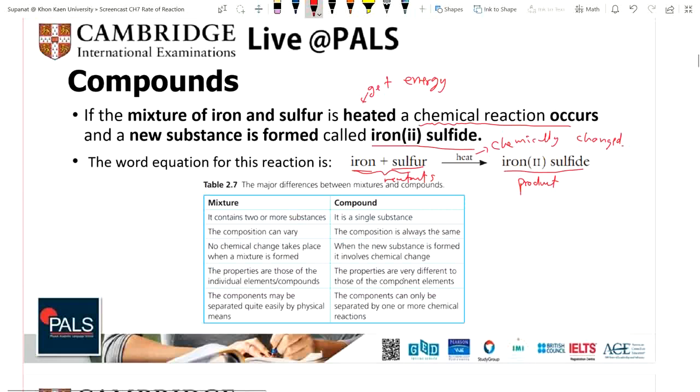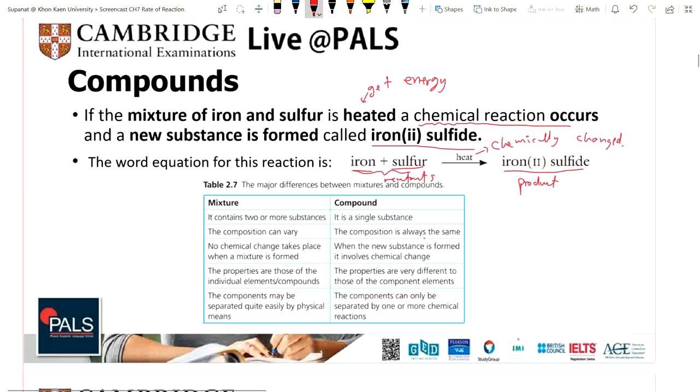So the table here provides the major differences between a mixture and a compound. Let's start with the mixture. The mixture contains two or more substances, while the compound is a single substance. The composition of the mixture can be varied, while the composition of the compound is always the same.